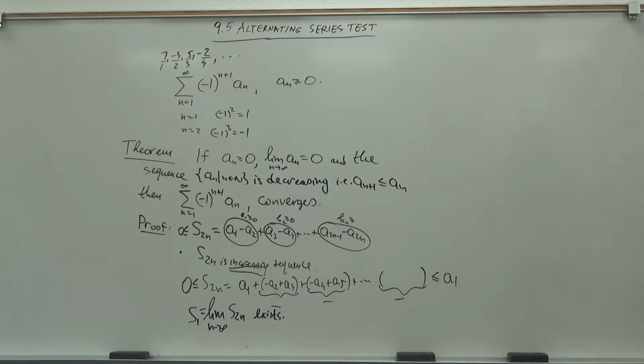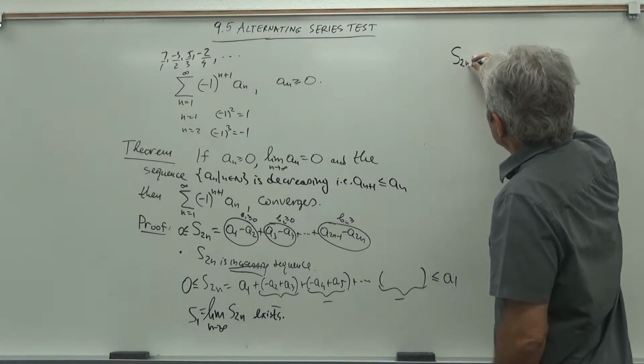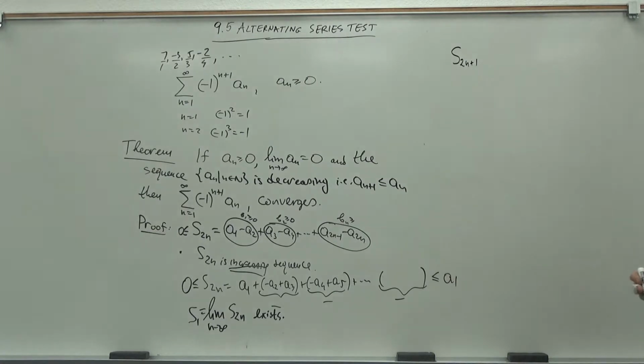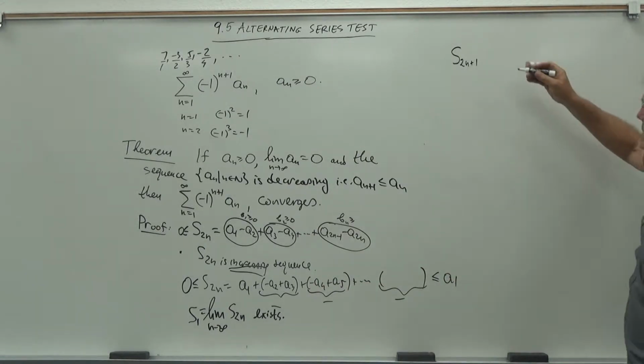What happens if I have S2n plus 1? So if I cut off an odd number of members, basically what I'll do there, I will treat it somewhat like this here.